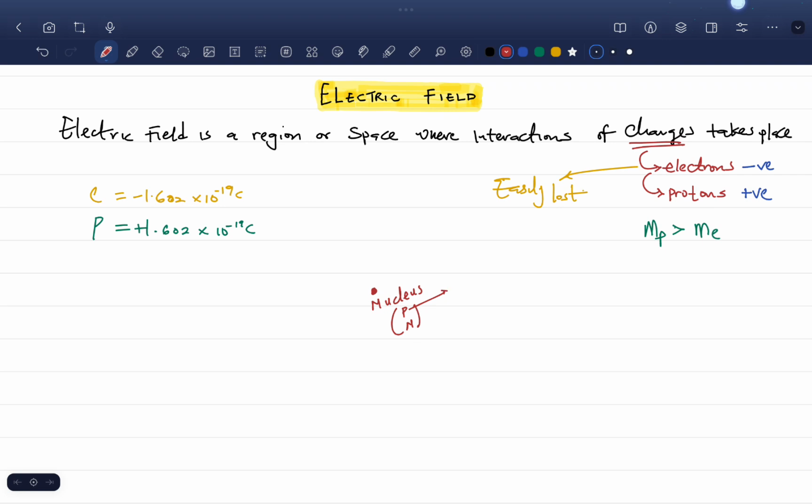And the proton is positively charged, while the neutron is neutral. So in this concept, we know that the protons are coming from inside the nucleus.